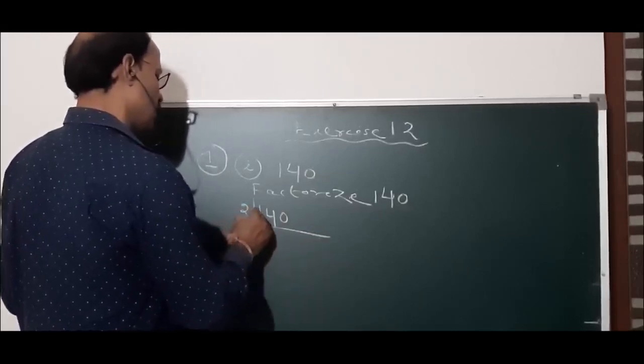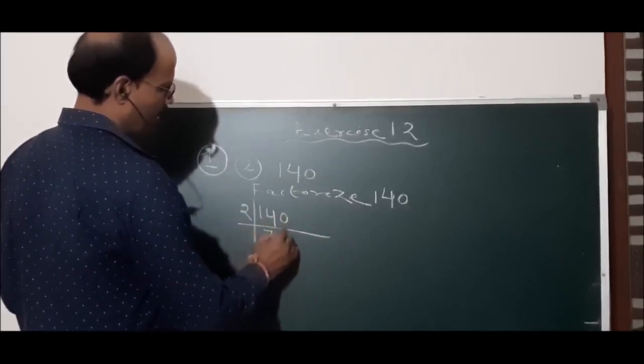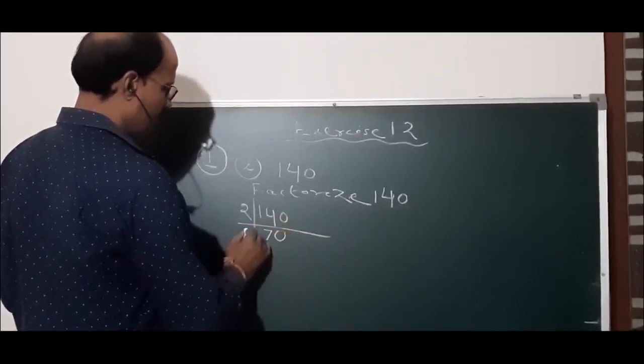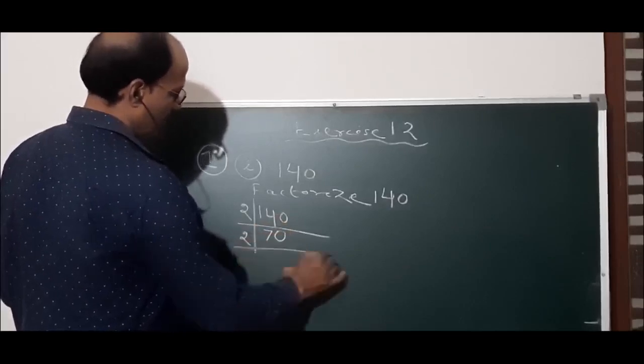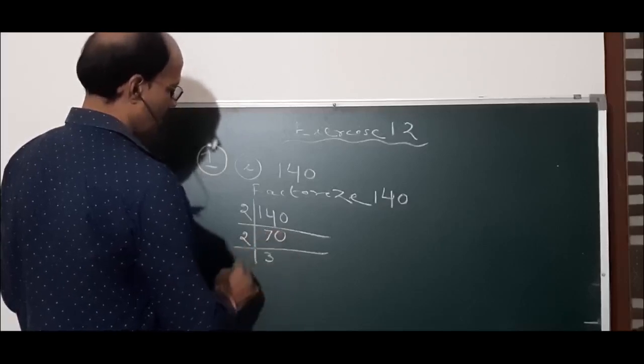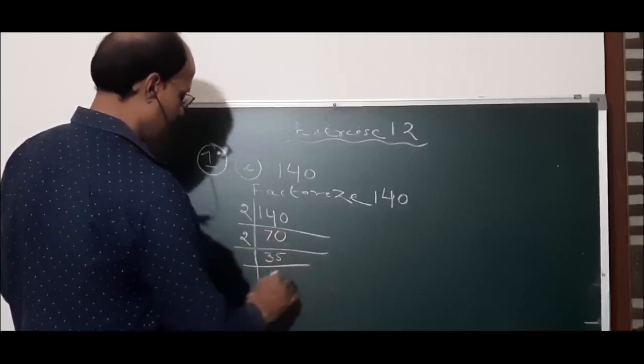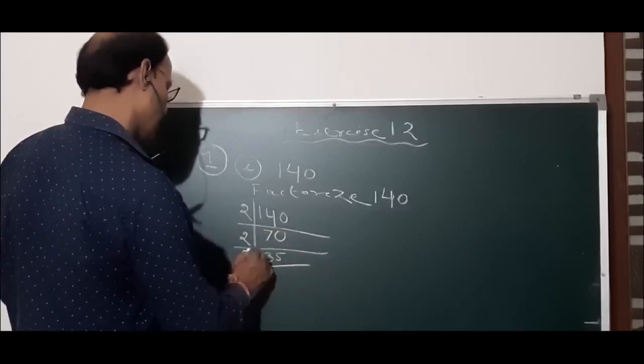So first we take 2. 2 7s are 14, that is 70. Again 2. Then 2 3s are 6, 1 left, 10. So 2 5s are 10. Then again 5.